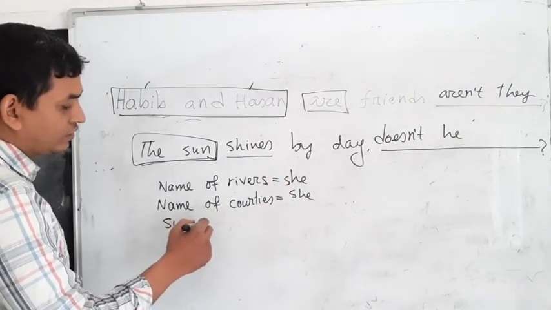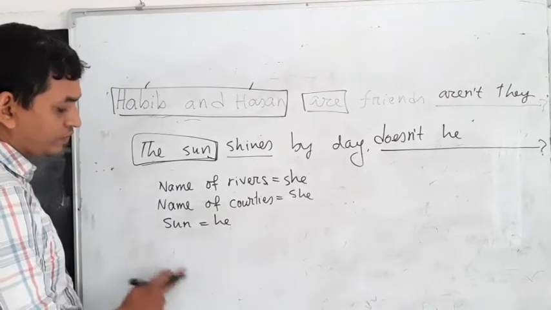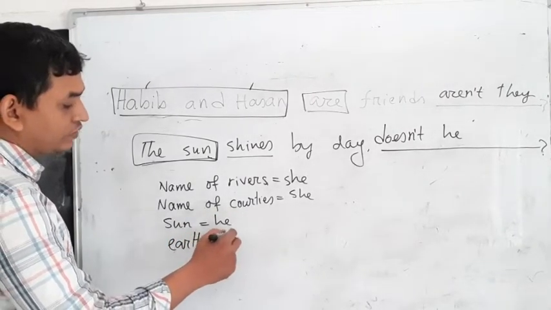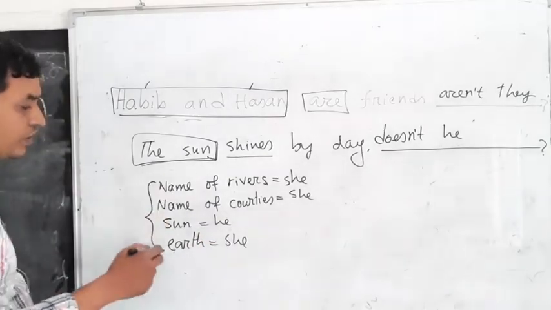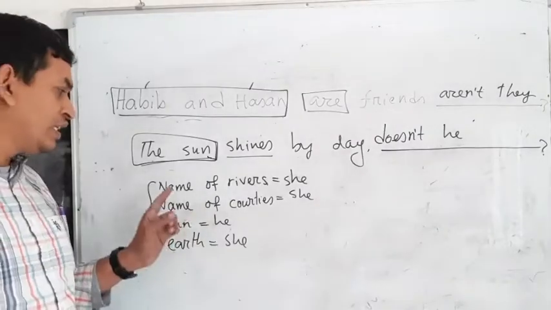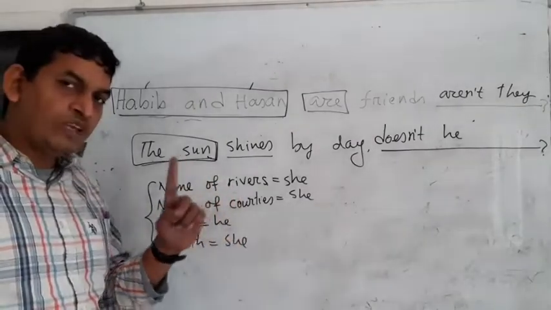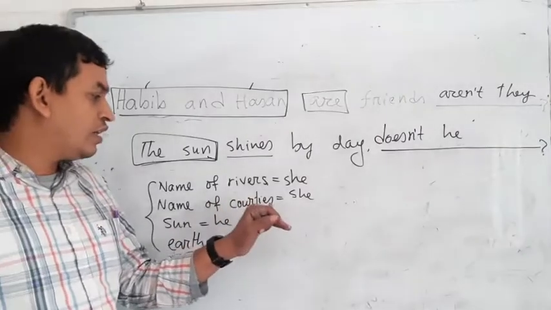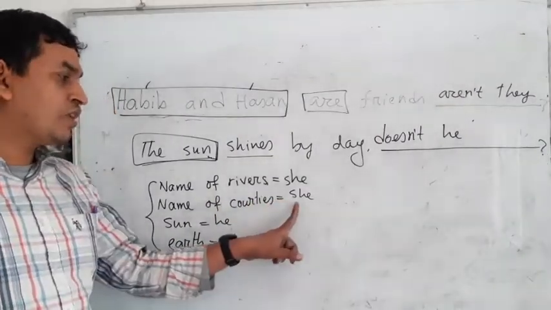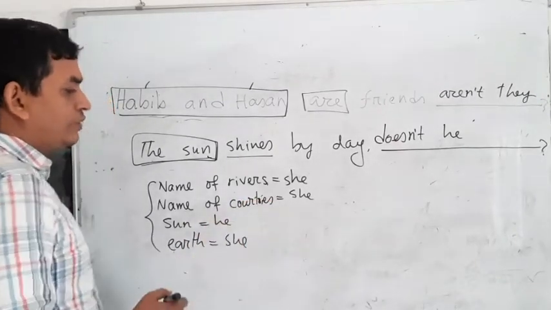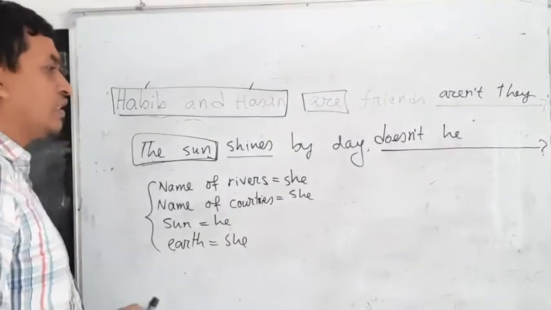Sun, he. Earth, she. You must remember these uses of the subject. If there is the name of any river, you have to write she. If there is the name of any country, you must write she.